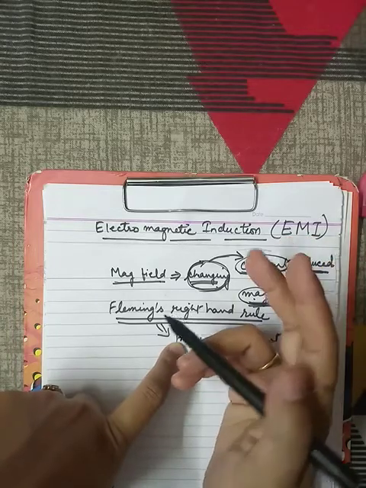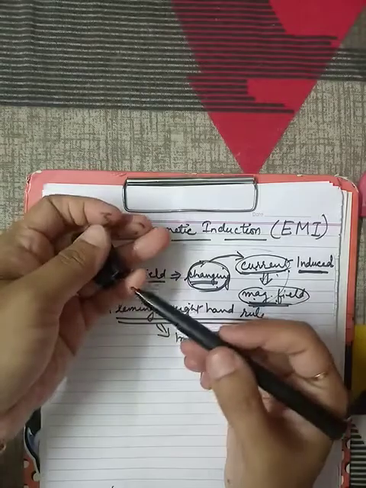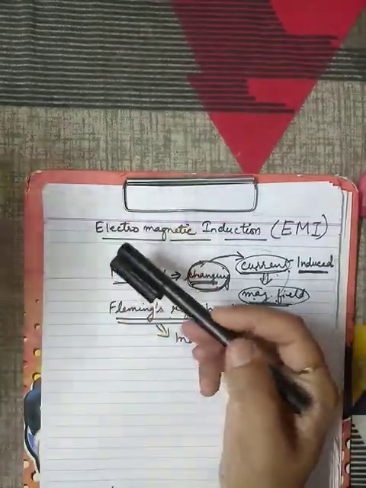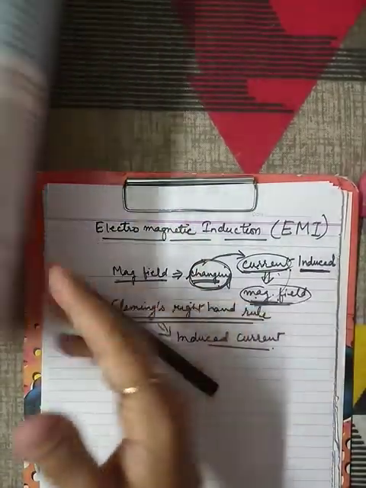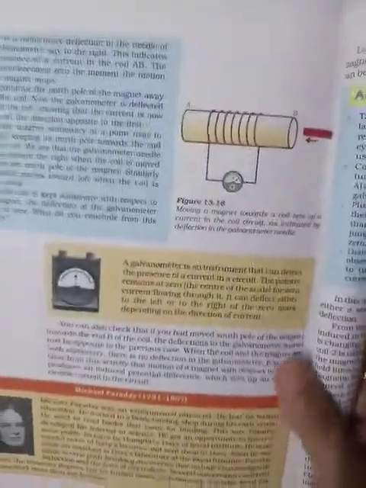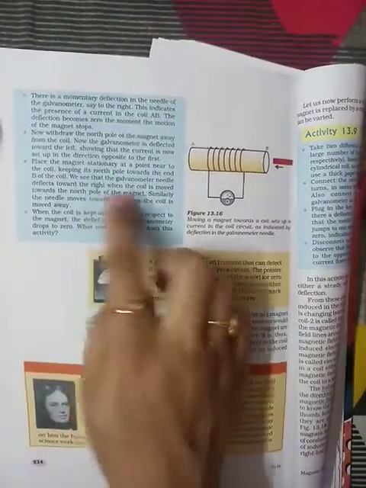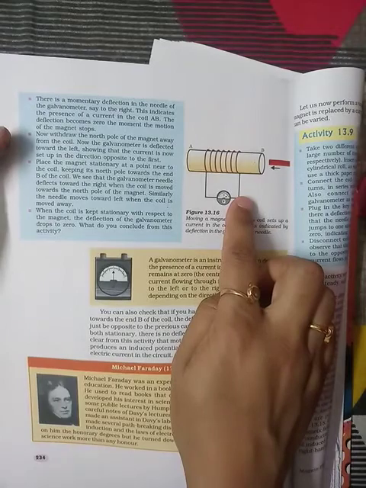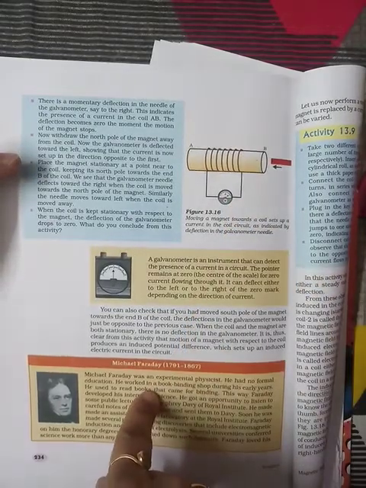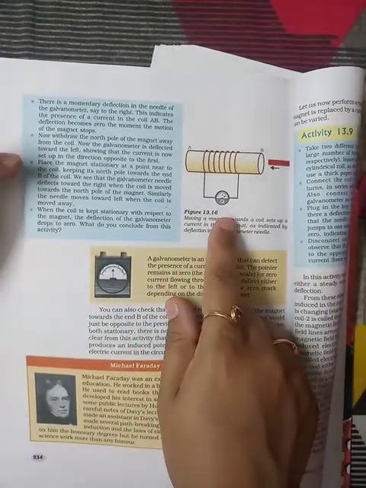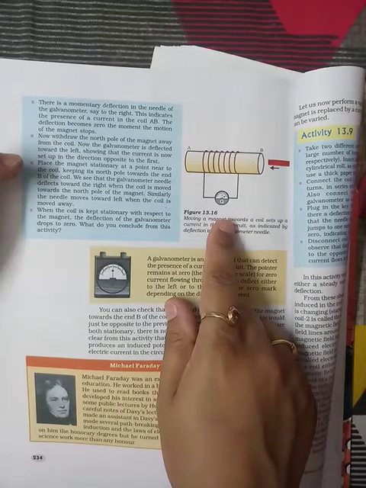In these two ways we can produce induced current, that is given in your book also. Over here we can see the first activity, based on the first experiment of Michael Faraday, that is Faraday's first experiment, it is said, right?